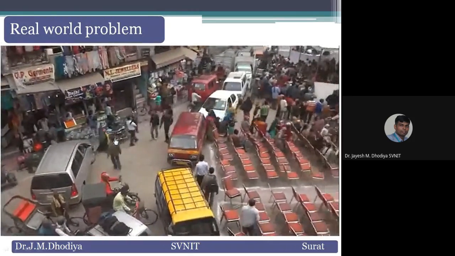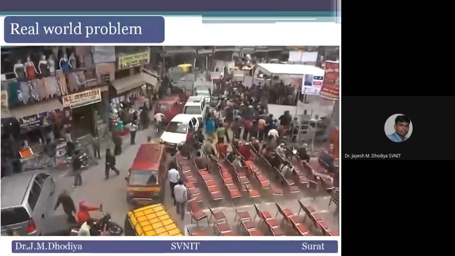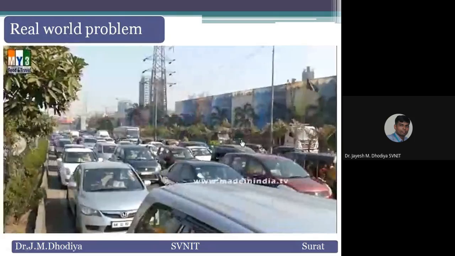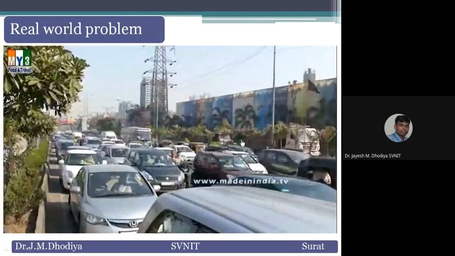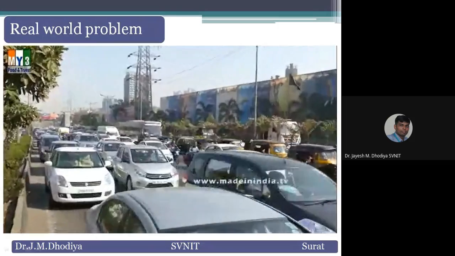This is the problem. In India, it is very difficult to move from one point to another in cities. This is the second situation, like Bombay or Ahmedabad or any other mega cities.